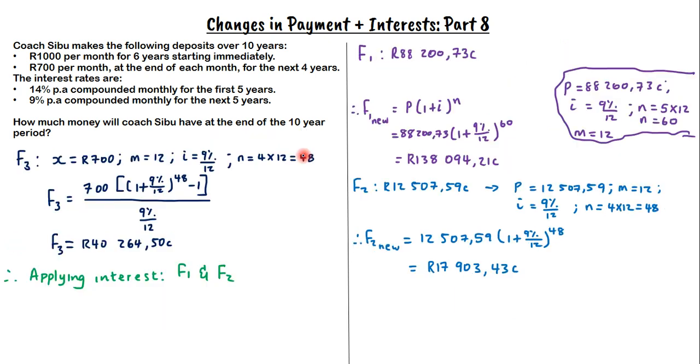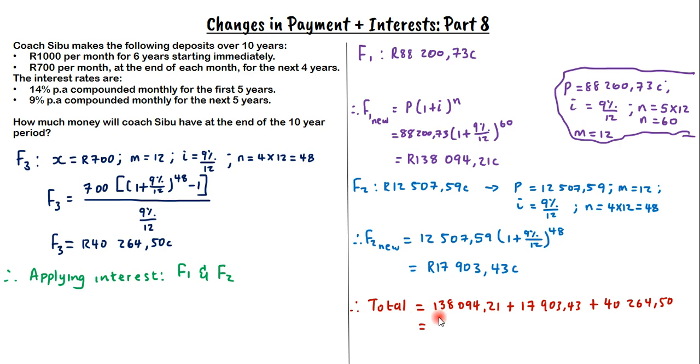So this means the total amount that I will have at the end of 10 years will be the first future value, F1, which is 138,094 rand, 21 cents, plus the second one, 17,903 rand, 43 cents, plus the future value that was remaining, 40,264 rand, 50 cents.